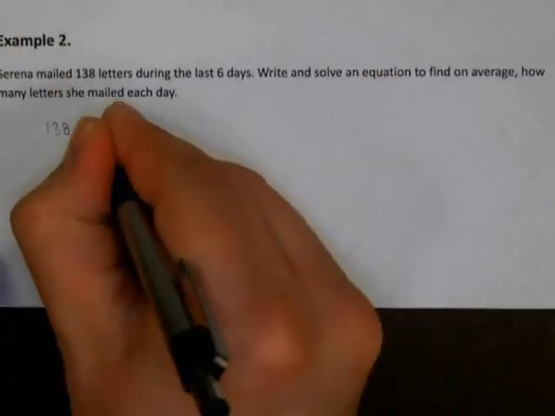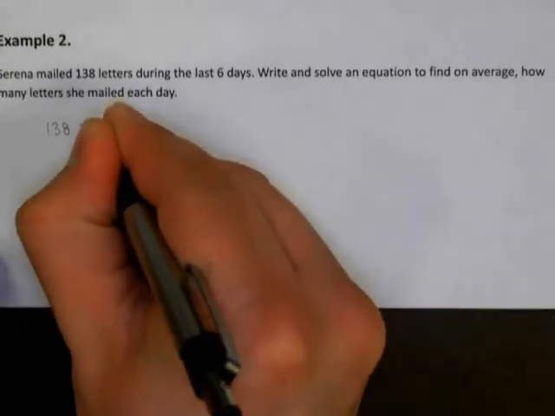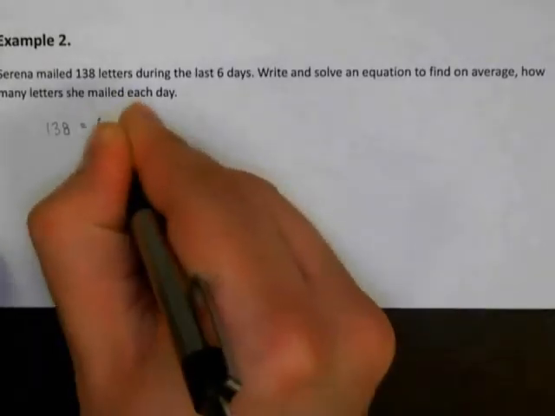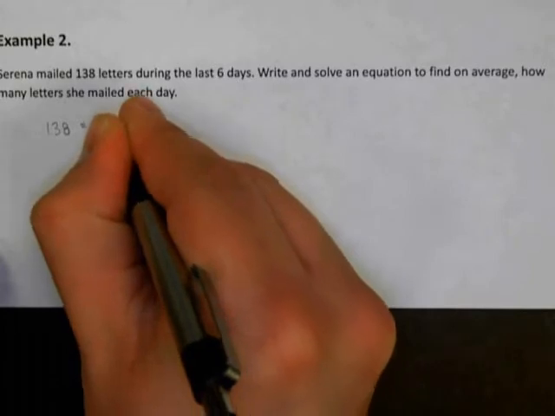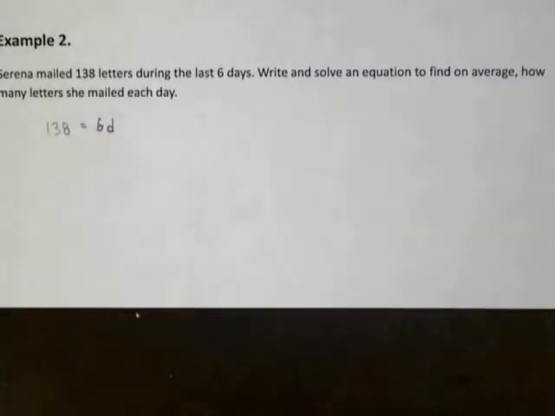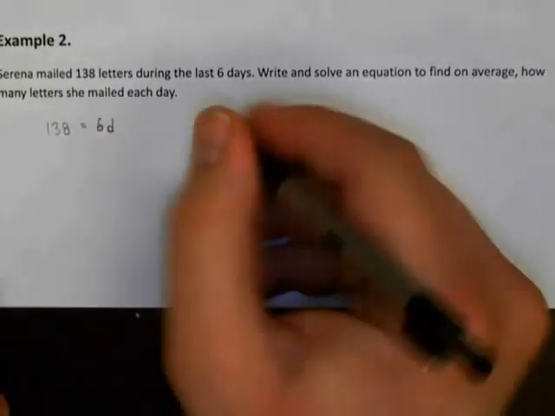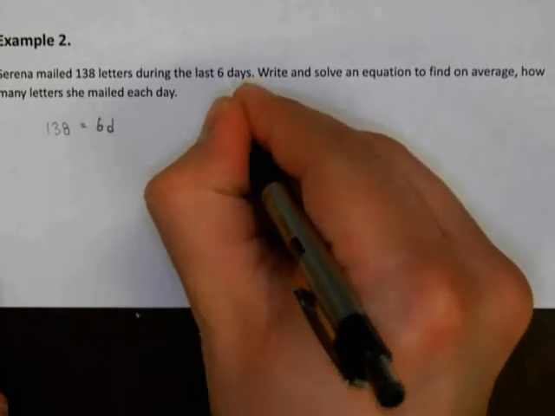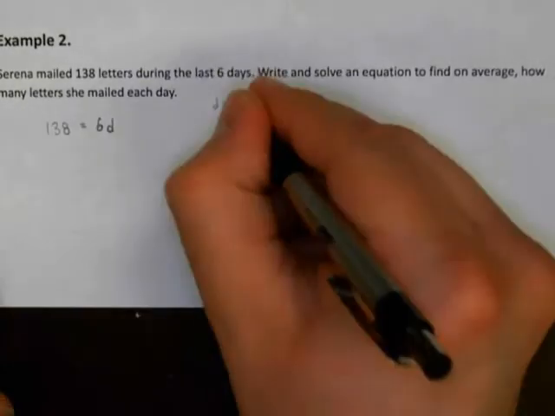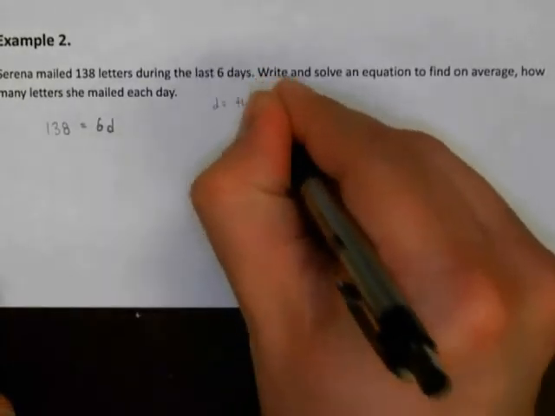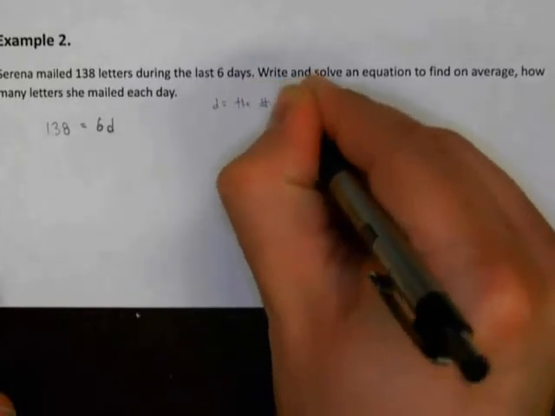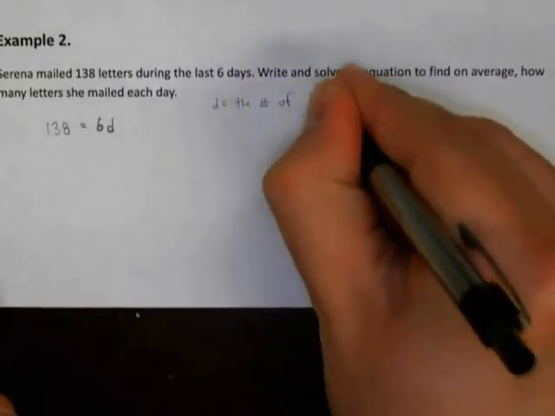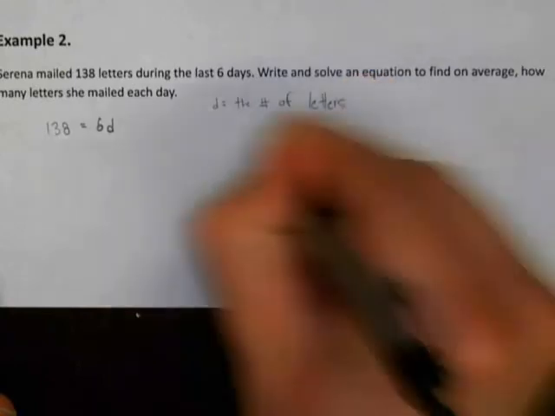So we have 6 times the amount of letters she sent out each day, and that's what we're trying to figure out. So D is equal to the number of letters sent out each day.